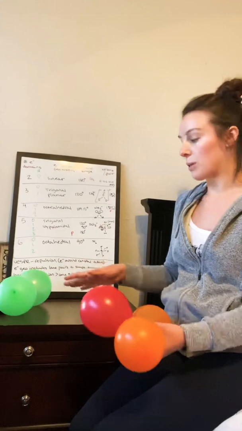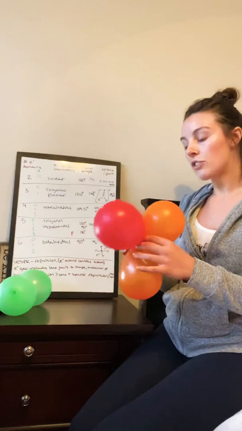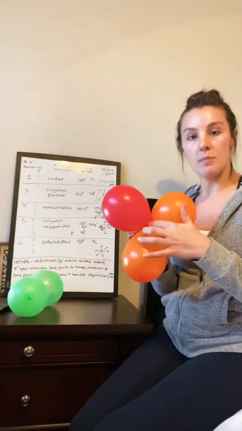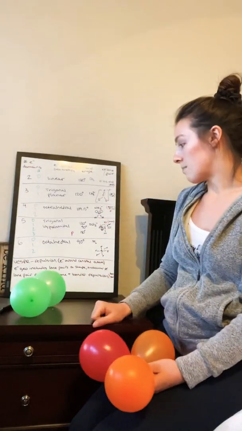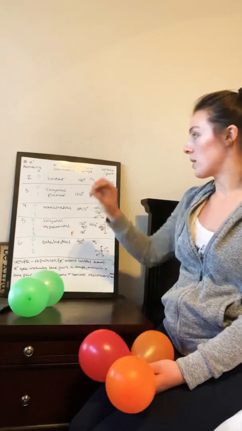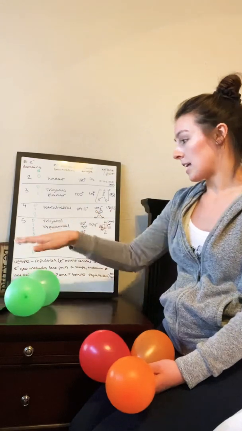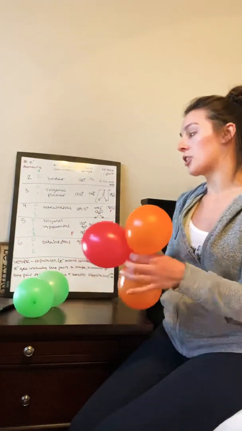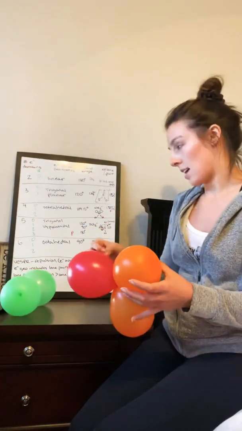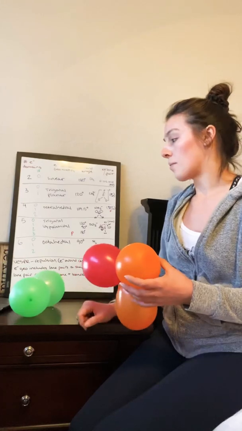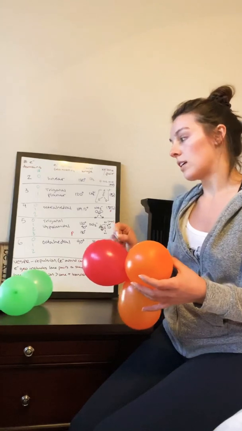All right, so the balloons that we're going to be using and demonstrating with today represent our electrons, and the tie in the middle is going to be like our central atom, and these are going to be either lone pairs or bonded atoms. So the big difference between electron domain geometry and molecular geometry is that electron domain geometry teaches us about the arrangement of different electron groups, including lone pairs and bonded electrons, whereas molecular geometry does not include lone pairs, only the bonded electrons.